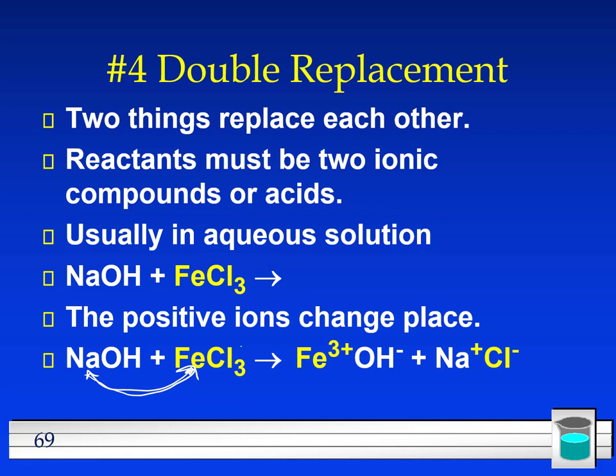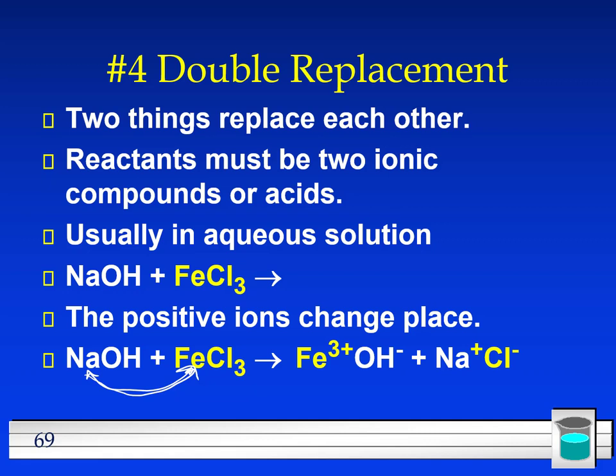Notice I did not bring the little 3 over here, because that 3 is there because iron's got a 3+ charge. I don't bring the subscripts over, unless they're a polyatomic ion. Okay, now that I've got the pieces, I got the charges, I got to do the crisscross.